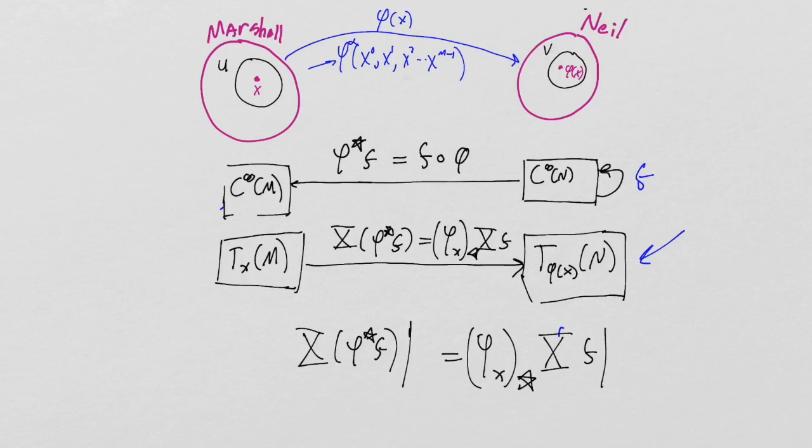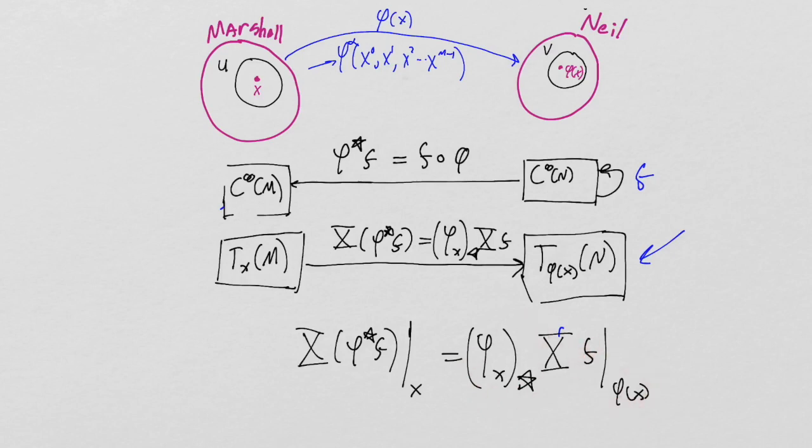f is a function on Neal, so its domain is phi of x, and this one is x, right? So I evaluate the pullback function at some point x, and then we evaluate this expression on that function evaluated at x. This will be a number, and then here you take the push forward, operate on f, and evaluate the whole thing at phi of x.